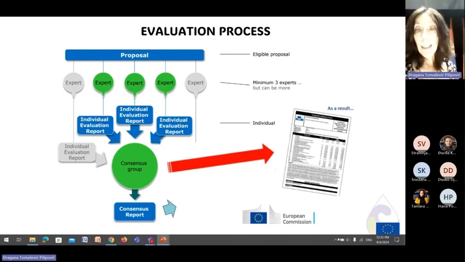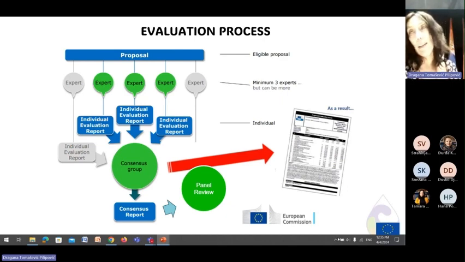report. And then your proposal goes to a panel review, and the panel review, they are the same people that were in the consensus group, but maybe you might have some external experts, and here is where the points, the score, are decided, right?